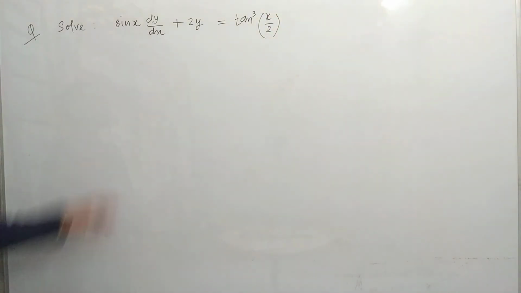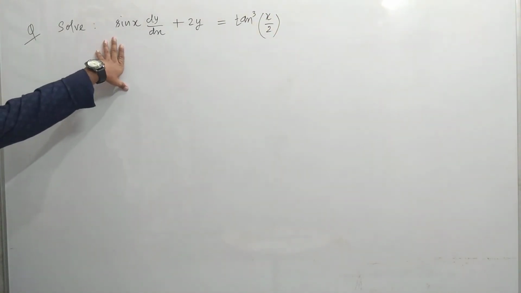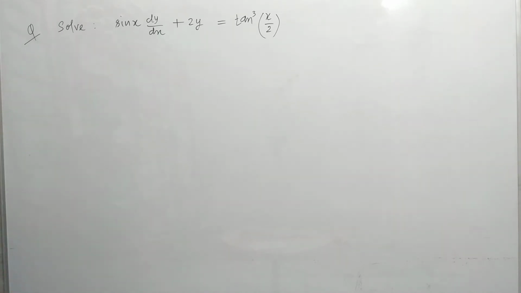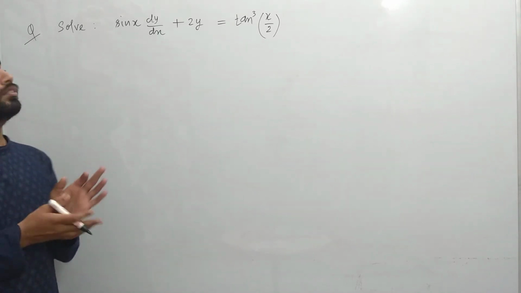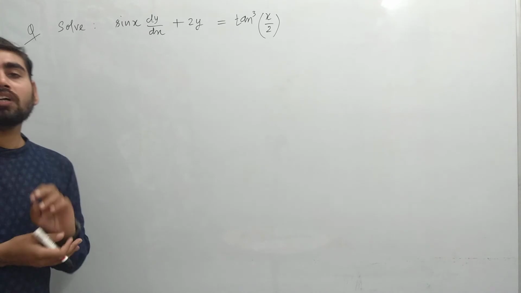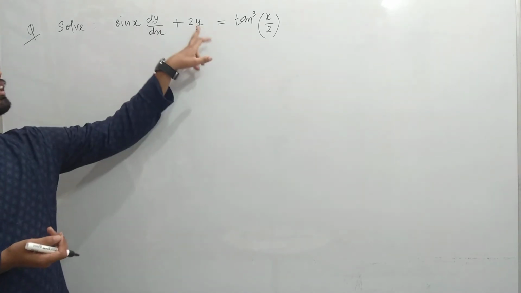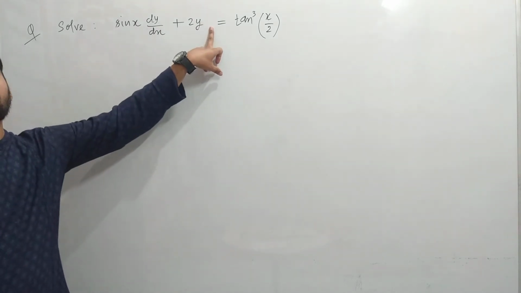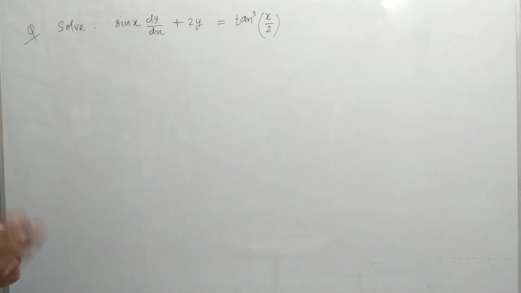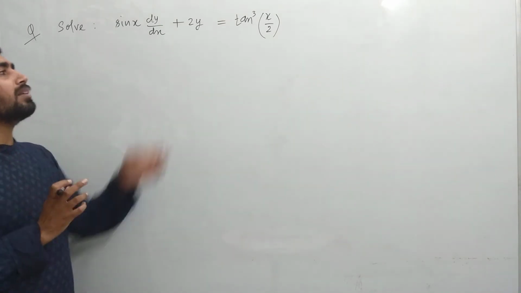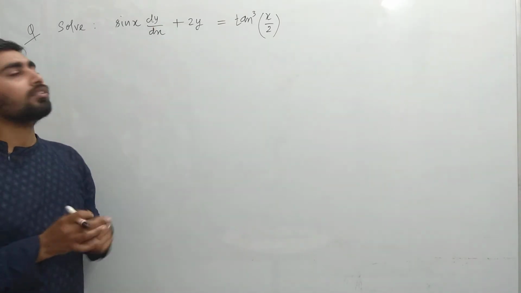We are given this differential equation and we have to solve it. First we observe that the maximum degree of the dependent variable y over here is 1. The first property is satisfied. The second property, there is no product of y and dy by dx in this differential equation, is also satisfied.